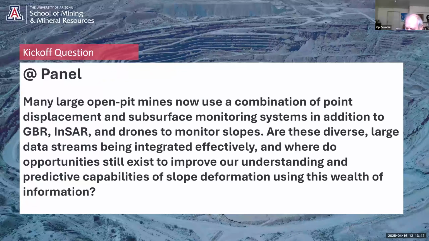Yeah, just a couple of comments, how important it is to link subsurface with surface data. A lot of operations think that it's sufficient to have just the surface data, but some of the more complex failure modes really benefit from subsurface data.